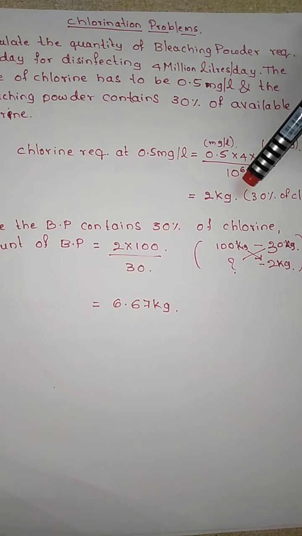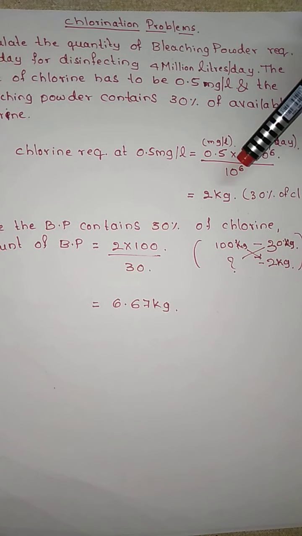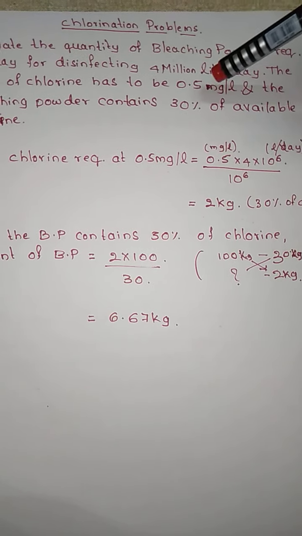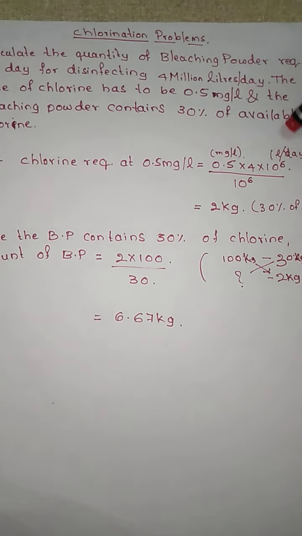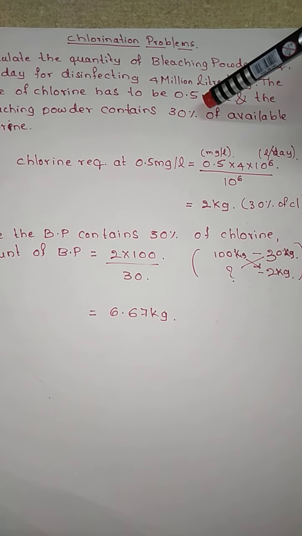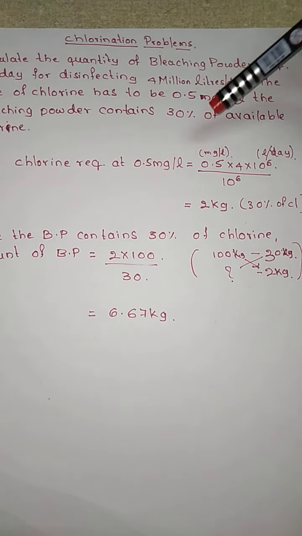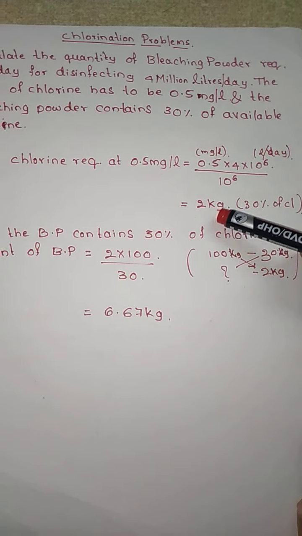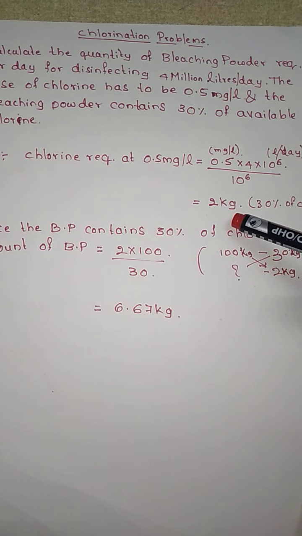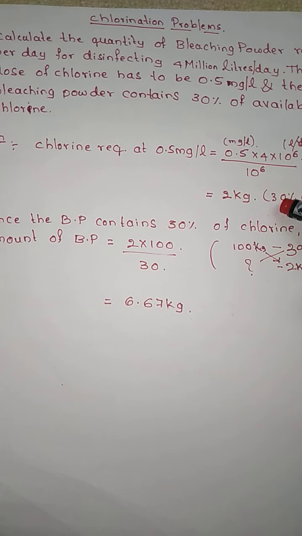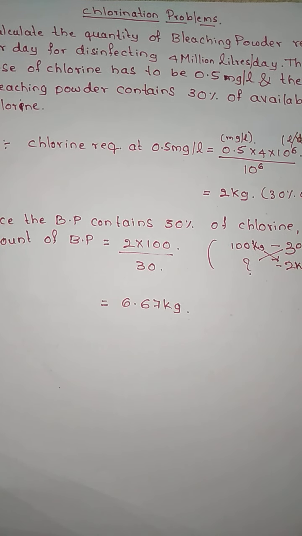Now, if you remember what I have told, 100 kg of bleaching powder will have 30% chlorine content, and this problem has also given that the bleaching powder has 30% available chlorine. So we have determined that 2 kg of chlorine will be there, and this is nothing but the 30% available chlorine.